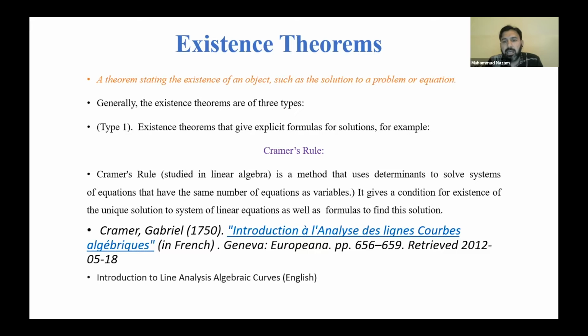It gives a condition for the existence of a unique solution to a system of linear equations as well as formulas to find the solution. Here is the reference, the main paper of Cramer, who introduced this rule to solve systems of linear equations.